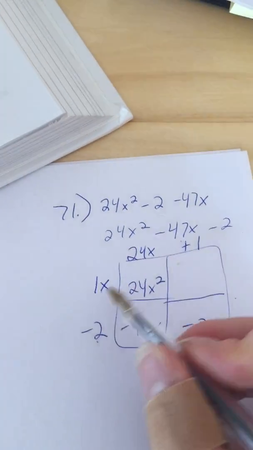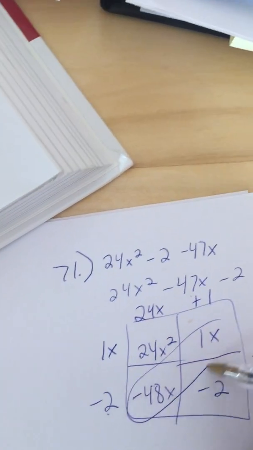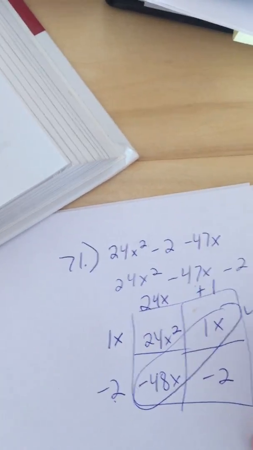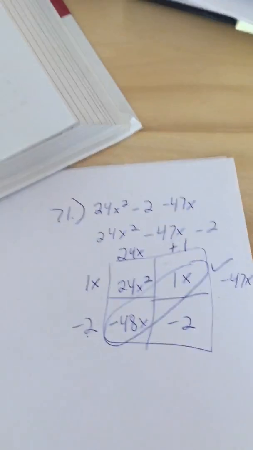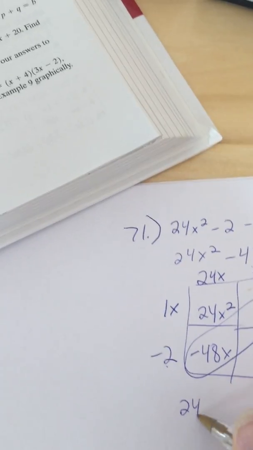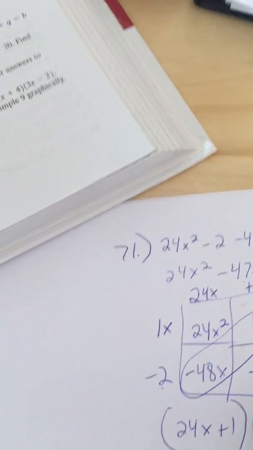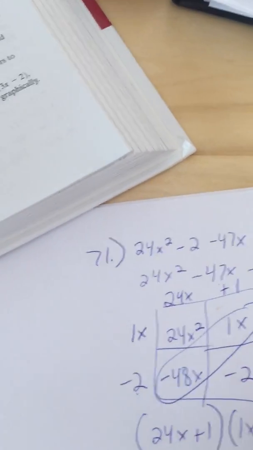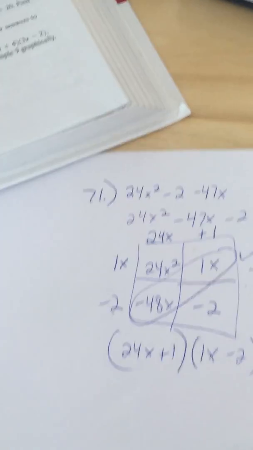And then you have this 1x times 1. So you have a positive 1x, and when you look at this, it's going to be negative 47x that you are left with. So you've got 24x plus 1 times x minus 2, and that's the answer for that one.